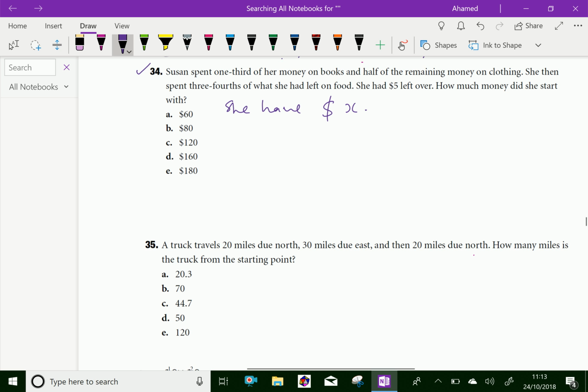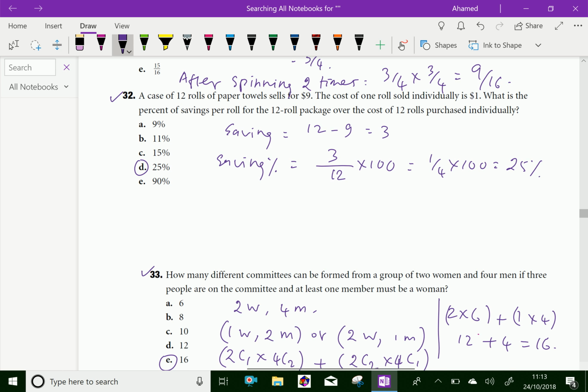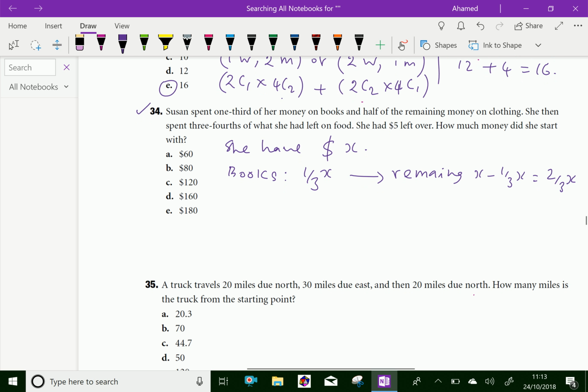Now for books she spent 1/3 of the original, that is 1/3 of X. The remaining is X minus 1/3 of X, equal to 2/3 of X. Now for clothing, she spent half of the remaining.